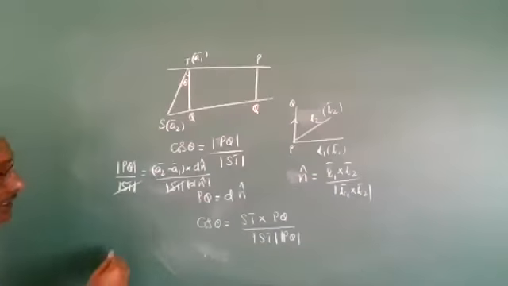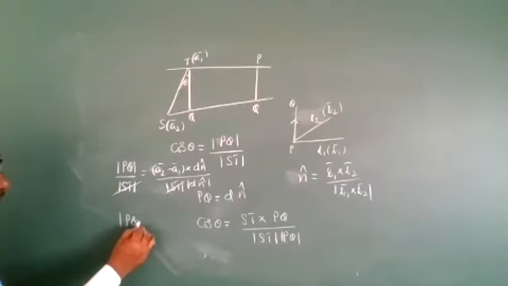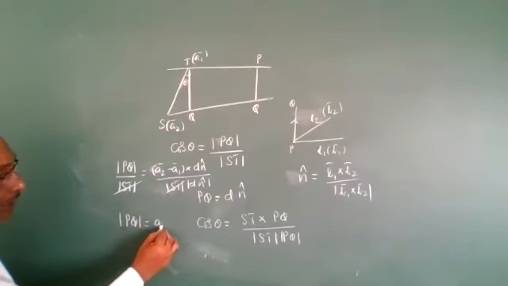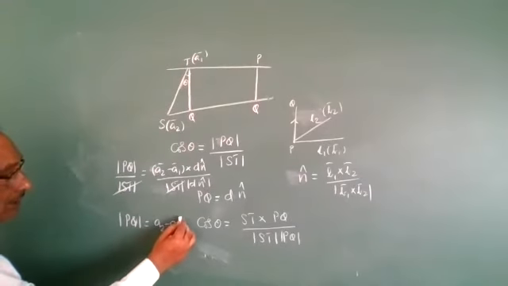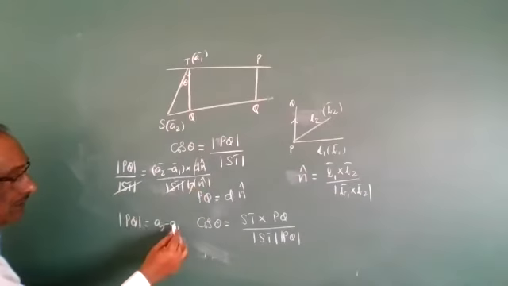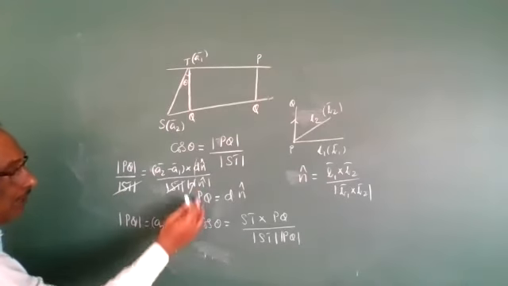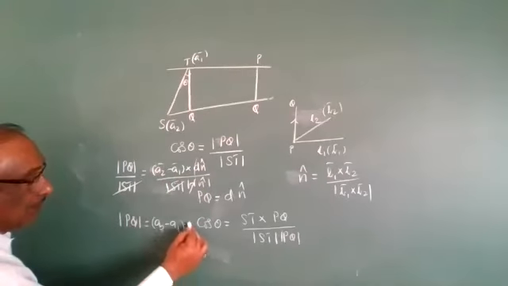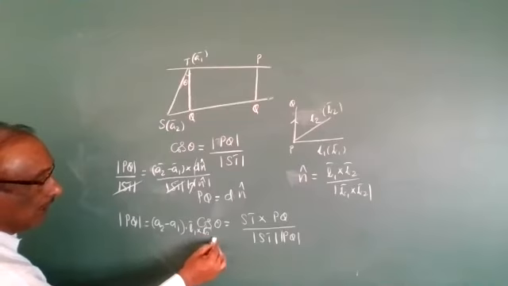ST is cancelled, modulus of PQ is equal to A2 minus A1. So this D and this D are cancelled. Dot N cap means B1 cross B2 bar by modulus of B1 bar cross B2 bar.